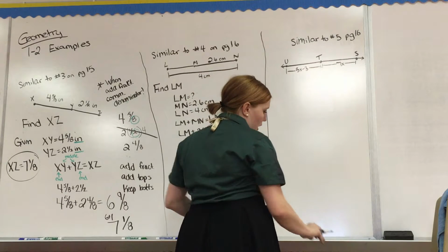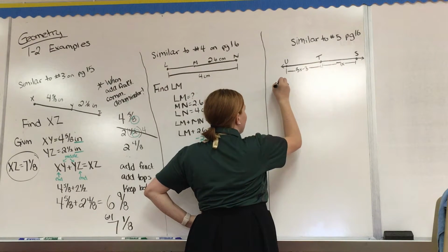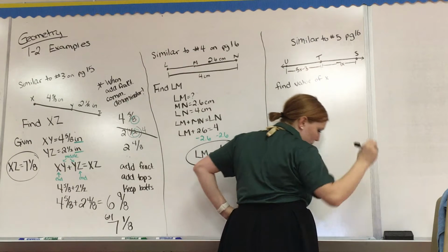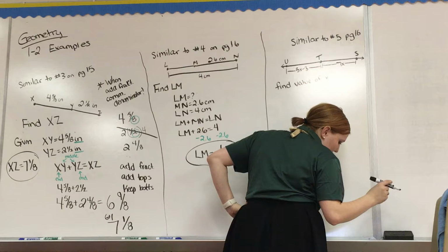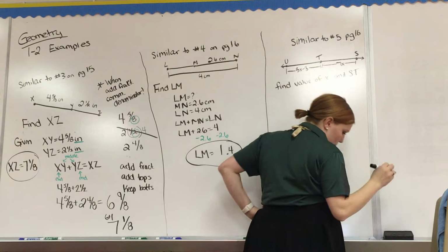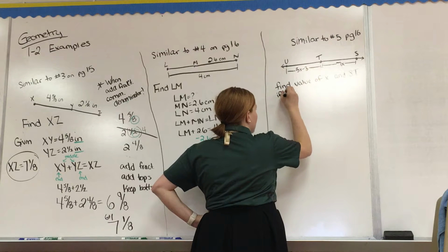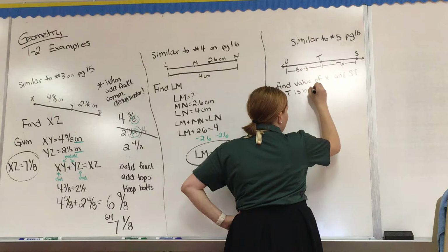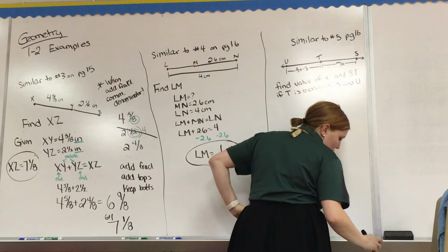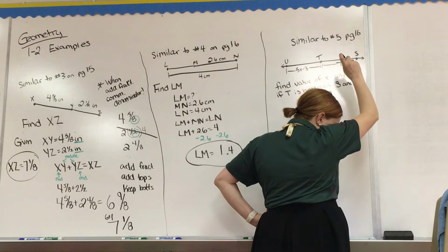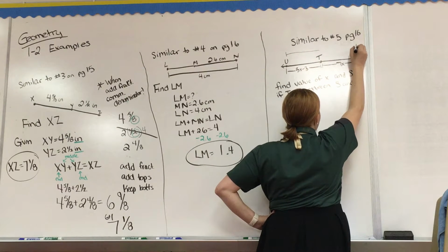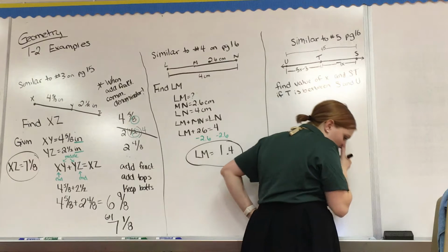Okay, last one. We want to find the value of x and ST if T is between S and U. They also give us that ST equals 7x, and SU equals 45.